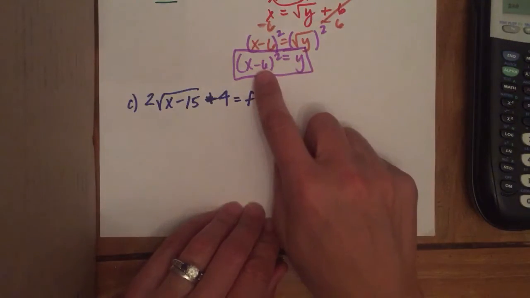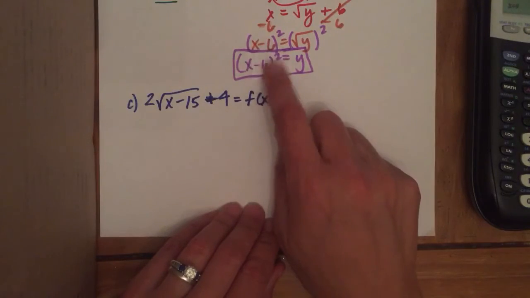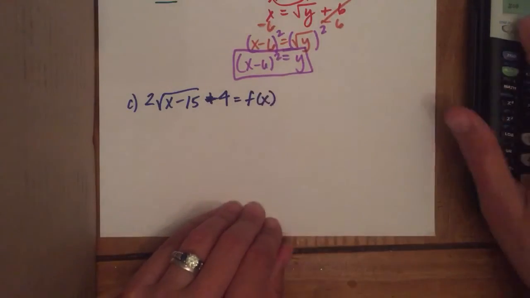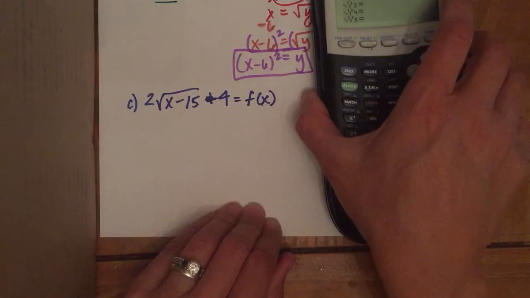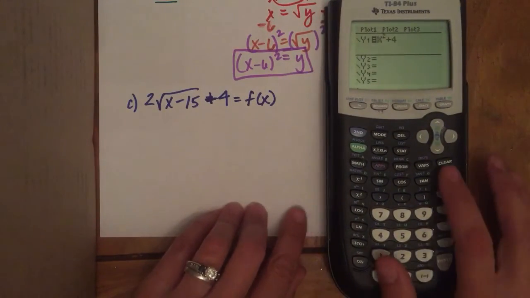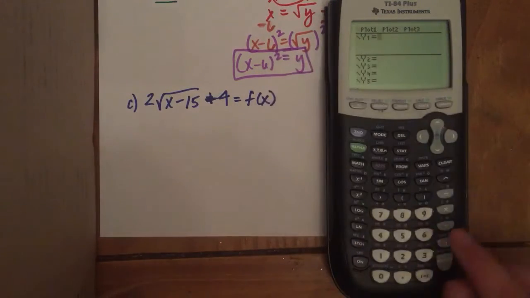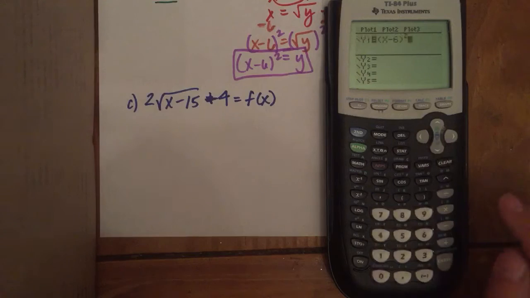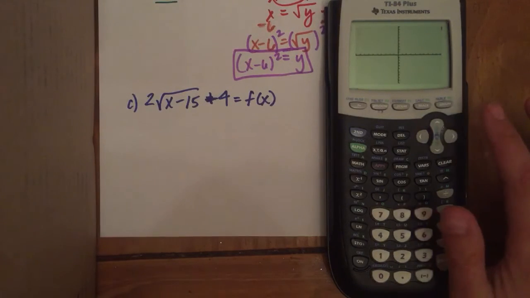Let's look at this previous example. We wanted to find the range, and we stopped at the equation. So I'm going to bring the calculator back. Hopefully you can see it. I'm going to clear out the first one, and I'm going to put this one in: x minus 6 squared. And I'm going to graph it.